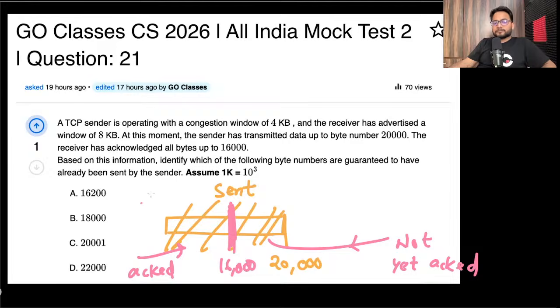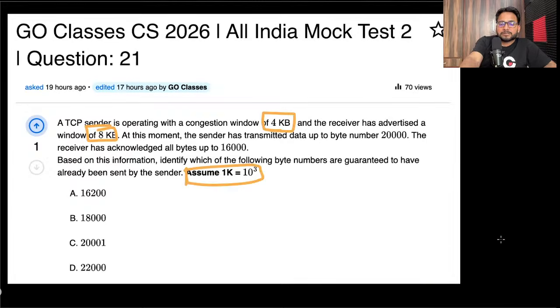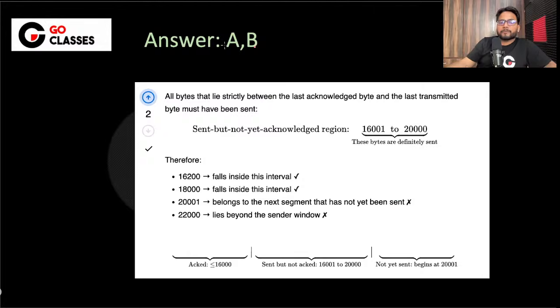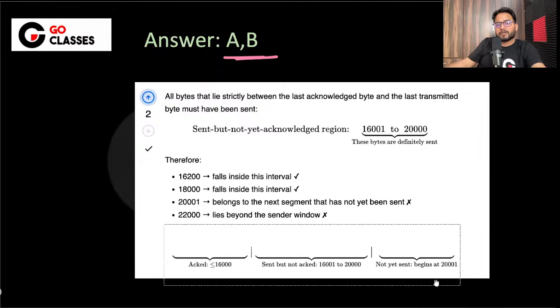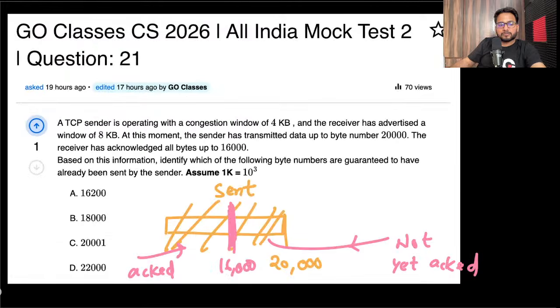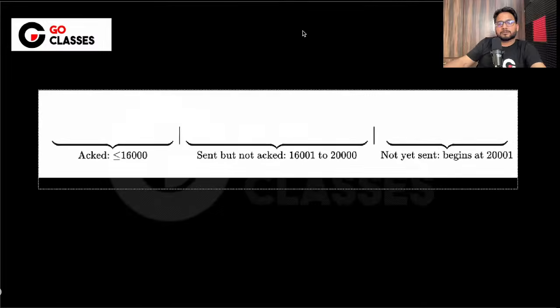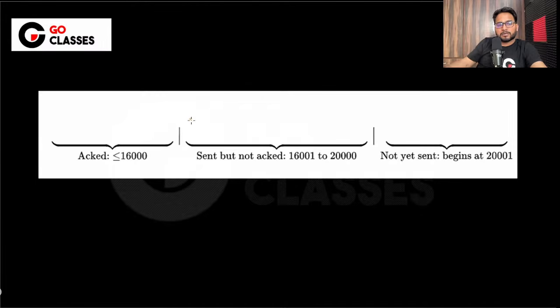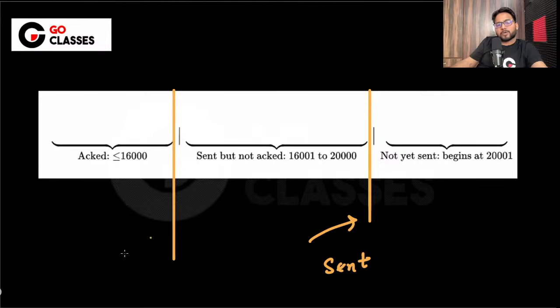Now suppose someone asks you, and this will be interesting, whether byte number 10,000 has been sent or not. What will be your answer? The answer of this question should be AB. Till this point, as I told you, you have sent, and till this point you have even acknowledged.